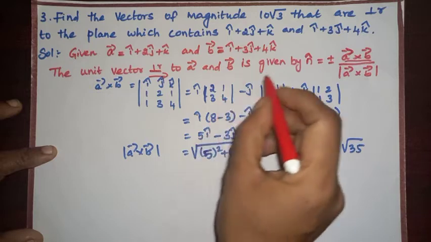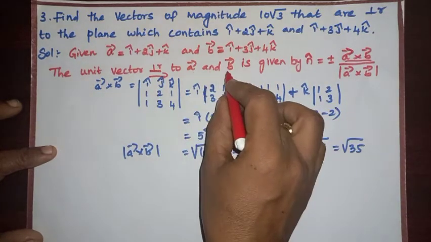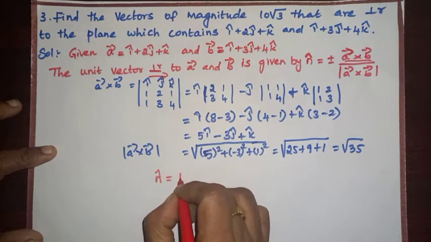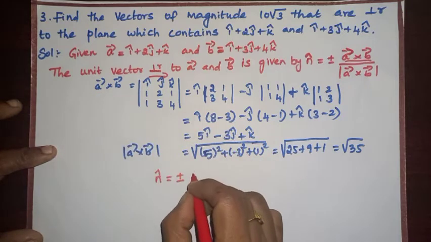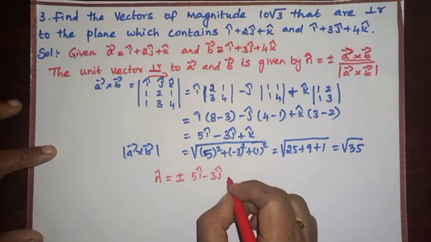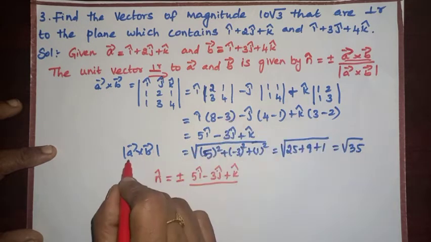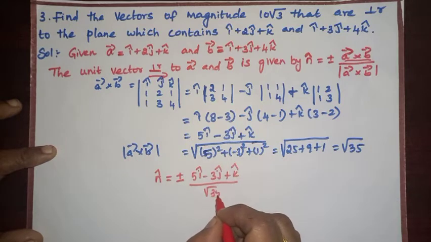Next, we need to substitute in the unit vector perpendicular to vector A and vector B. That is n cap. n cap equal to plus or minus vector A cross vector B, which is 5i minus 3j plus k, divided by the magnitude of vector A cross vector B, which is root 35.